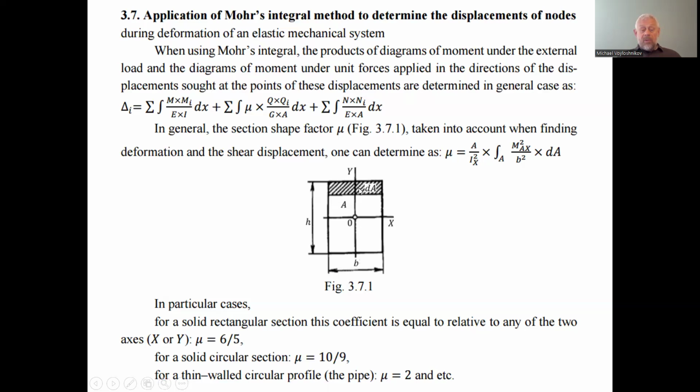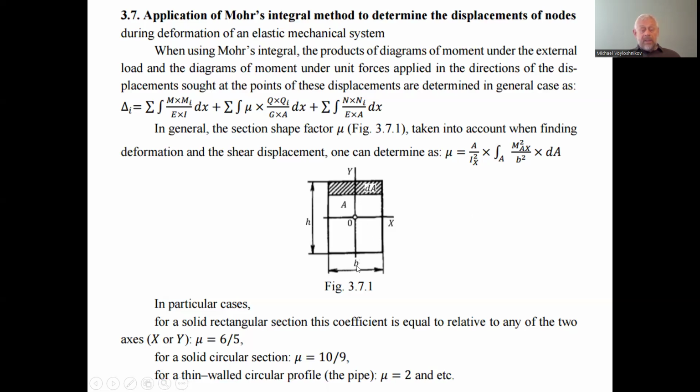So this static moment of the cut-out area relative to the abscissa axis, or relative to the center of the area of the total section, we consider in the numerator squared, to the second power, and divided by the squared thickness of the element of the mechanical system.